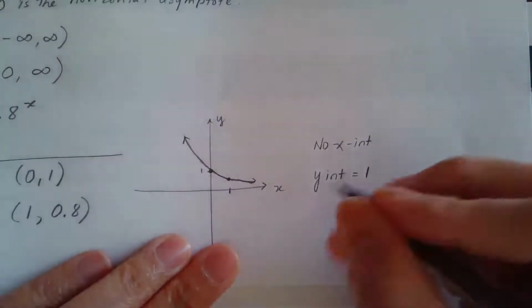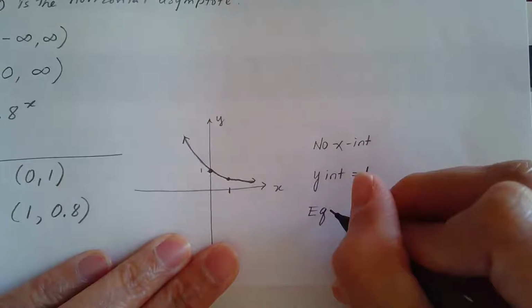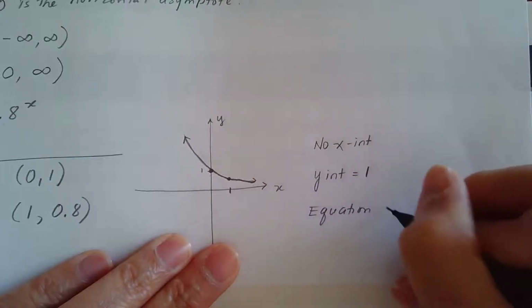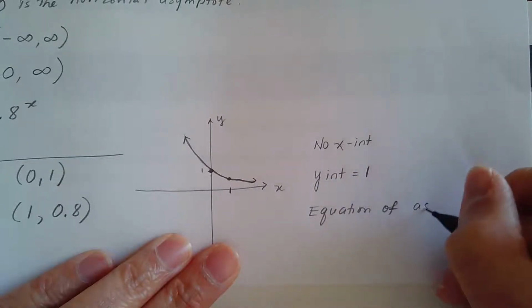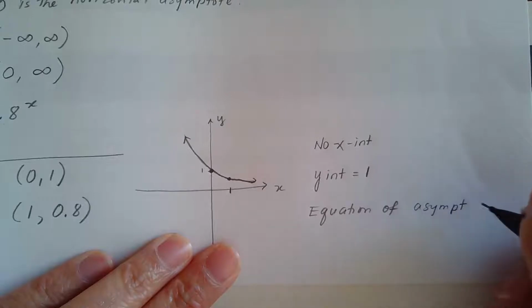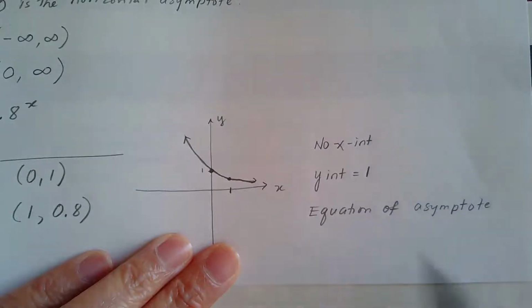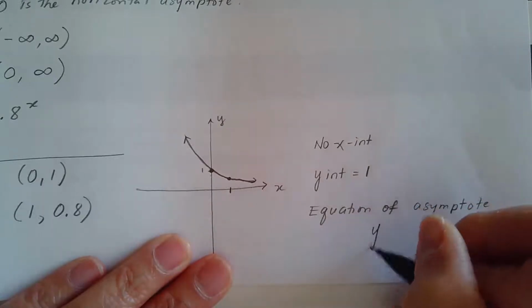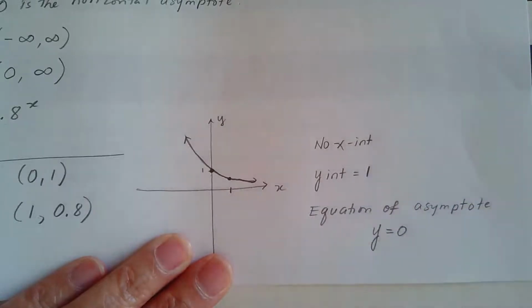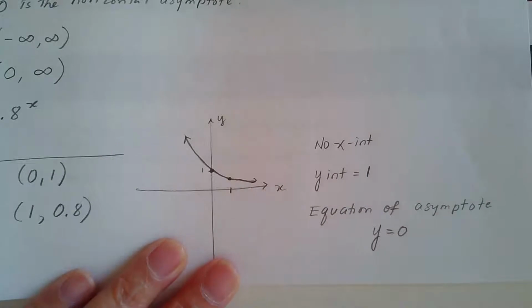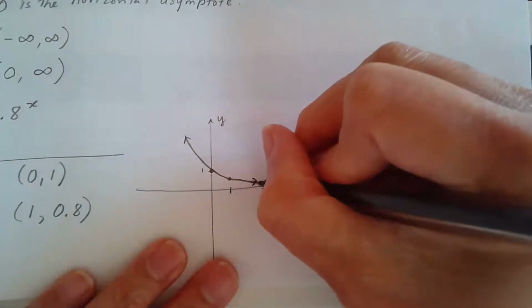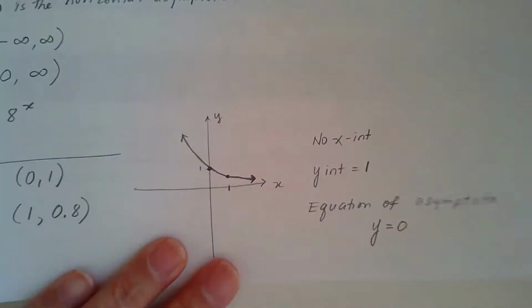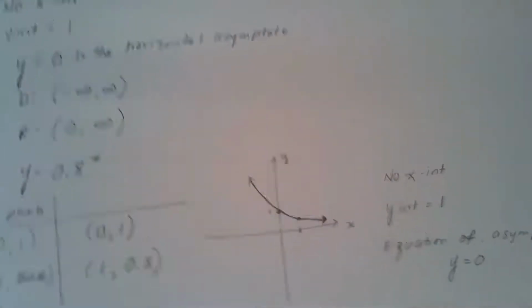Equation of the asymptote. And the equation of the asymptote is a horizontal asymptote this way. So it's going to be y equals 0. Okay, so that one is not so bad. As long as we know some key points in here, we can trace out what's going on.